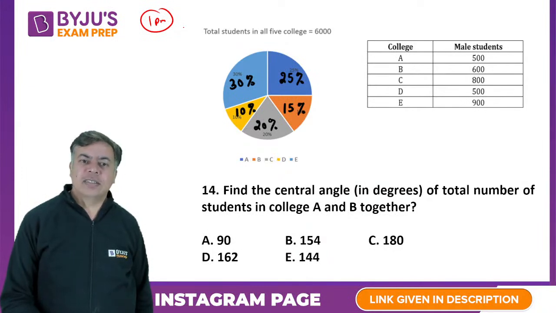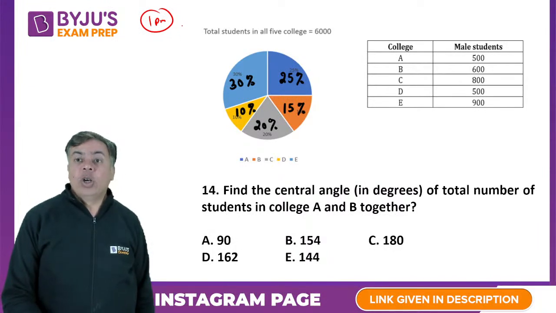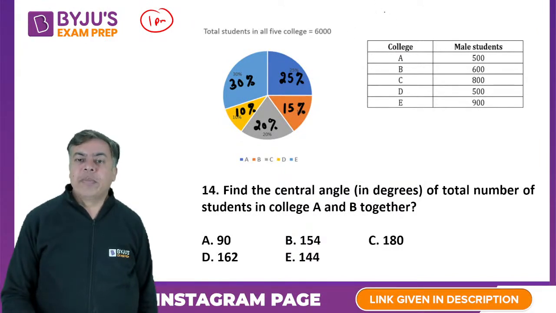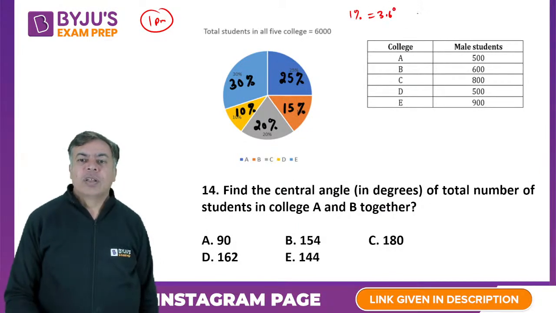There were good sets. Now I told you about this angle. You should remember certain values: 1% equals 3.6 degree, 10% equals 36 degree, 100% equals 360 degree.